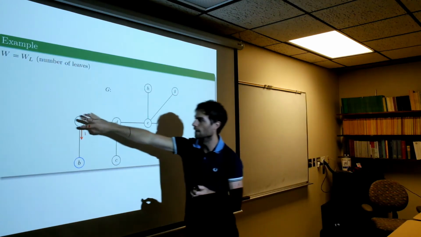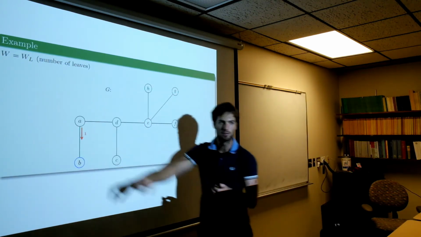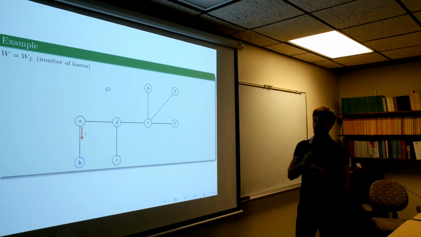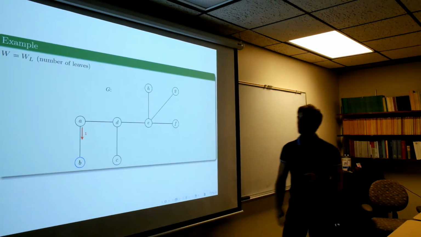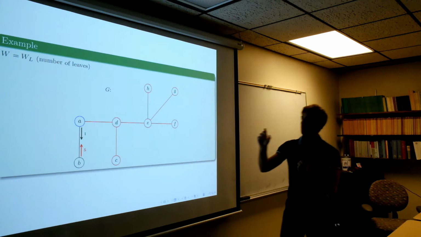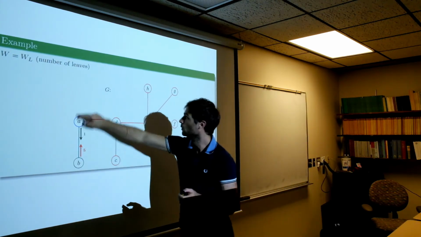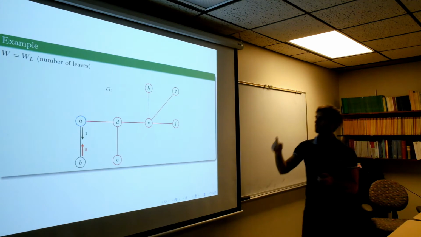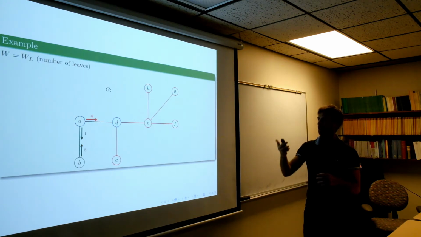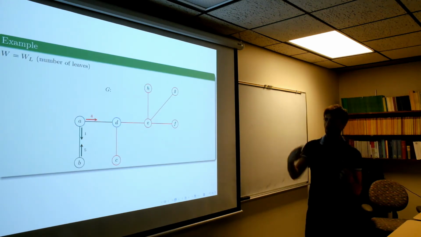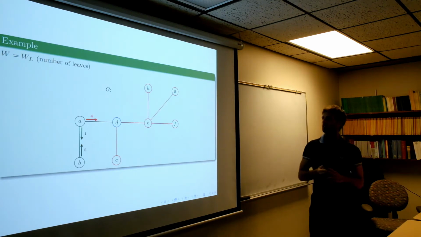Because we have to remove A and save the component having B. So this rooted tree has just one pendant vertex, so we assign 1 to this arrow. For this other arrow, this is the rooted connected component. It has 5 pendant vertices, so we assign to this arrow the number 5. And we go on, so here we have 4. The blue vertex is always the root. So we have 4 pendant vertices, here we have 2, and so on.